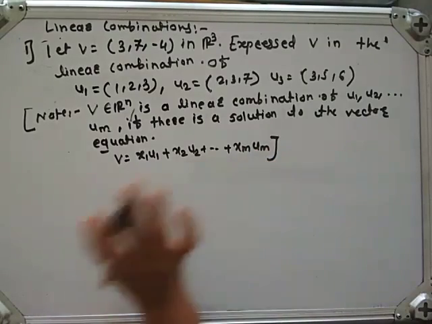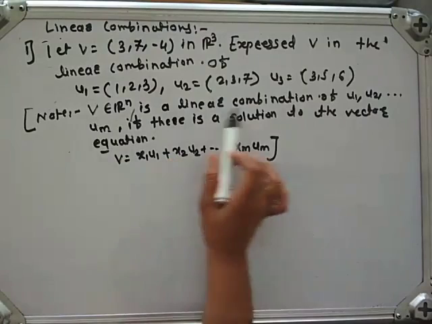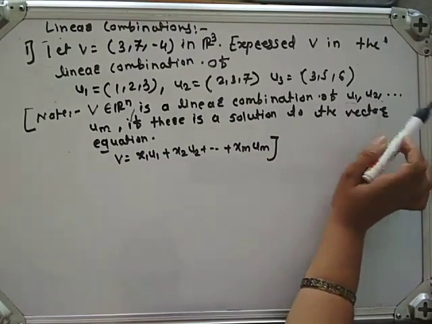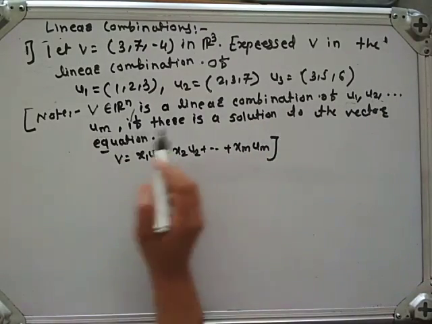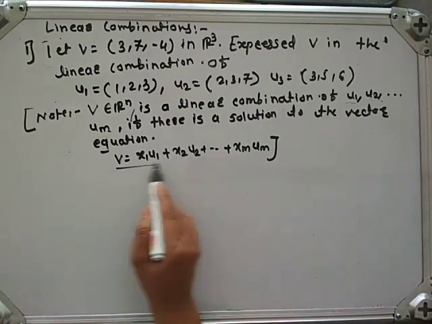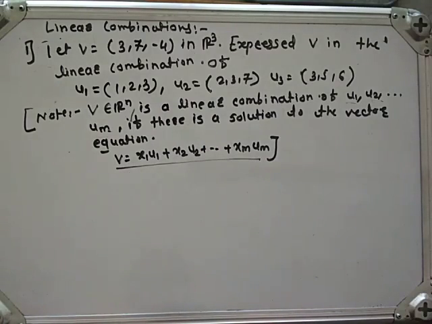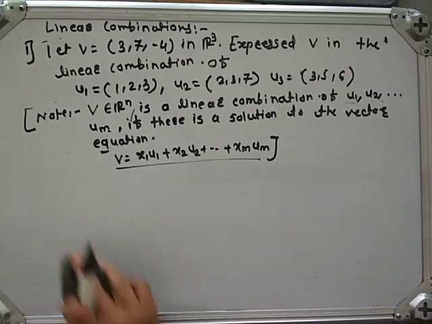Means it is very simple that V is a linear combination of u1, u2 and so on up to un if there is a solution to the vector equation V is equal to x1 u1 plus x2 u2 plus and so on plus xn un. Okay.